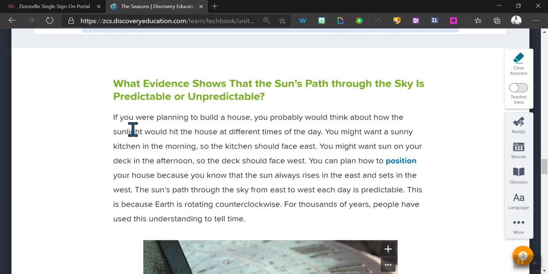So you might think that you don't want to have your bedroom window facing the east if you want to make sure that you don't have that morning sun wake you up every morning. Or maybe you want it facing the east so that it does wake you up very naturally in the morning. It all depends on the direction that you want. If you think that you are going to spend time in the backyard in the evening and you want to have as much daylight as possible, then maybe you want that facing west.